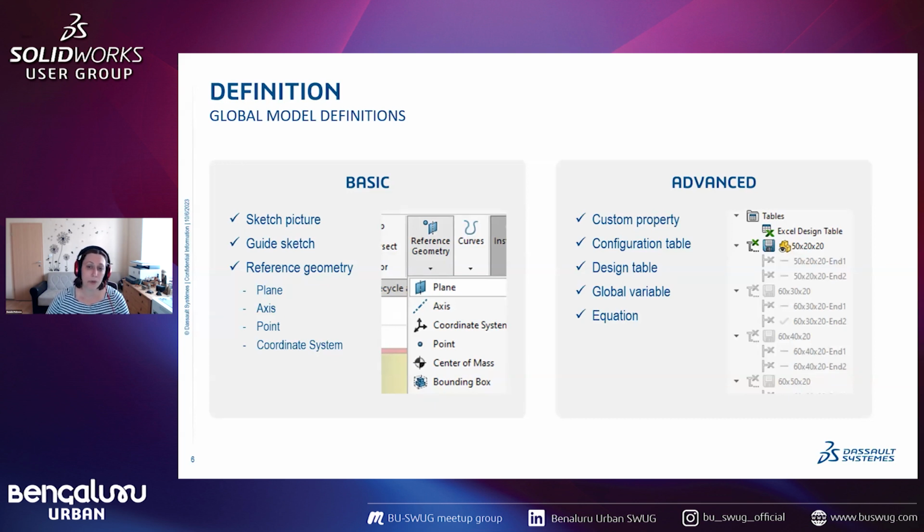Custom properties, of course, apply to every type of model you're doing. Maybe the most often use I have is for things that should be in my drawings. I put them in custom properties and then I call them up directly in the drawing later. So I'm sure I didn't mistype the name or the description or the part number of the part I have.